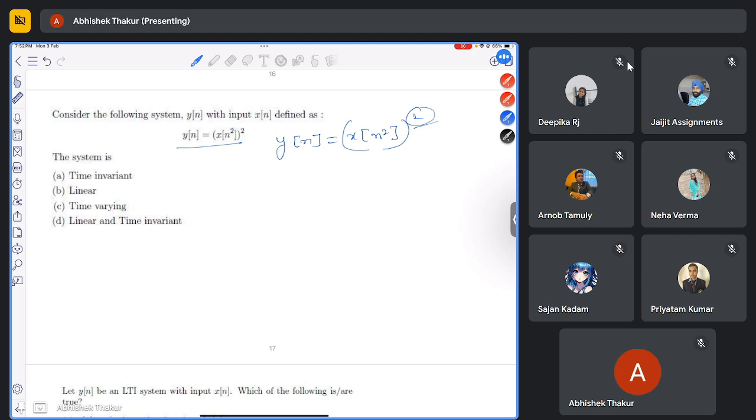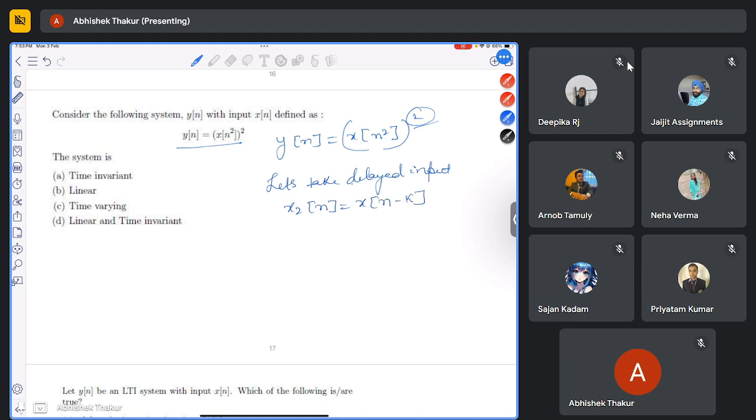For time invariance, let's take the delayed input x2(n), that is given as x of n minus k.